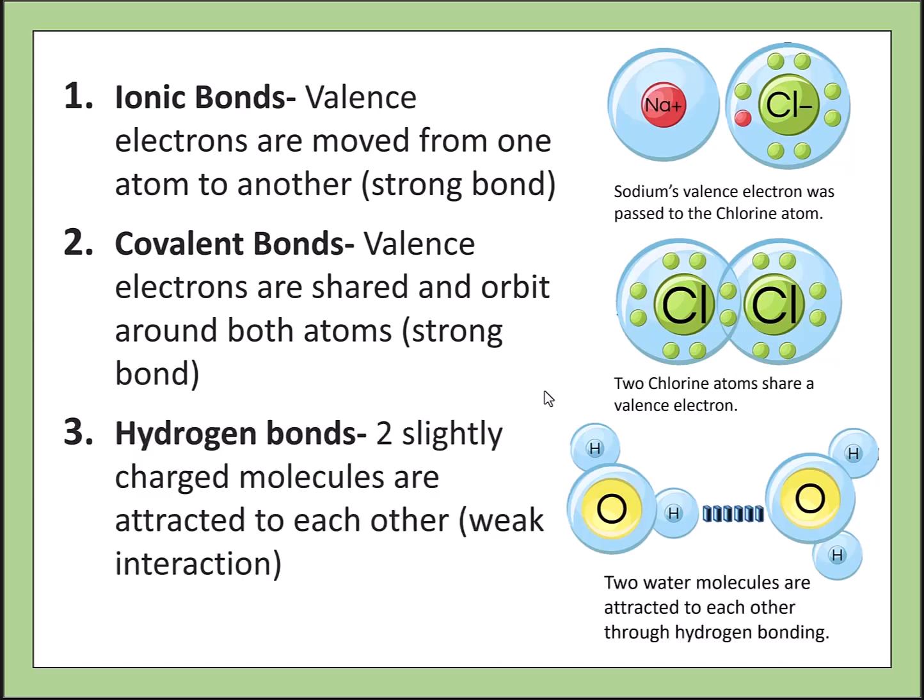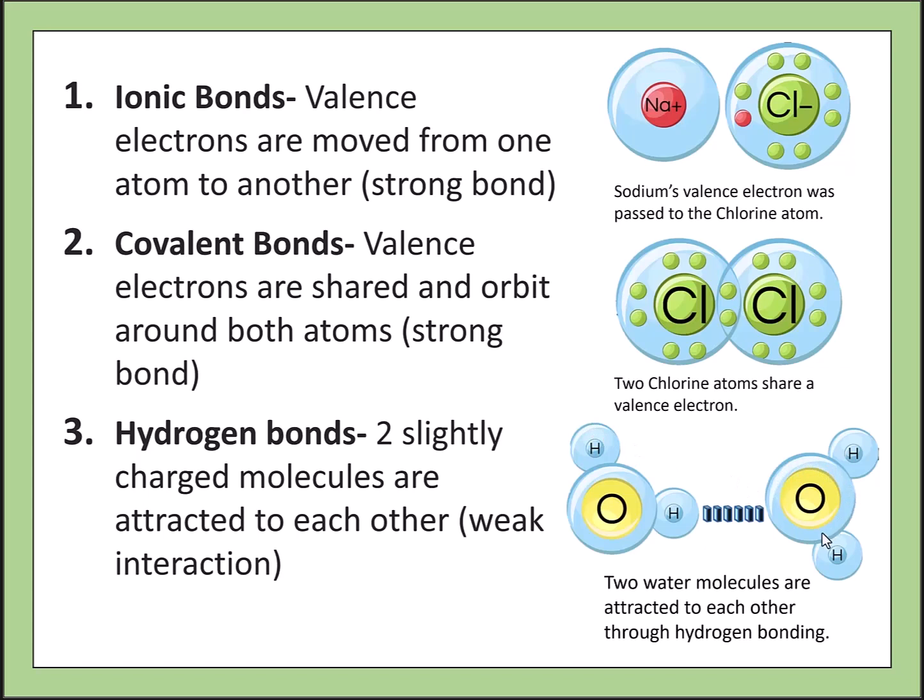And then there's hydrogen bonds, which are weaker. And these occur when 2 slightly charged molecules are attracted to each other. So water is one of the classic examples of hydrogen bonding. And 2 water molecules are attracted to each other because one side of the water molecule with the hydrogens on it, this is H2O for water, the side of the water molecule that has hydrogens on it is slightly positively charged.